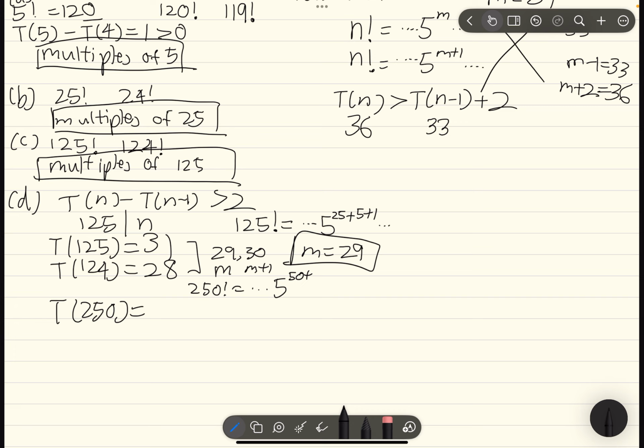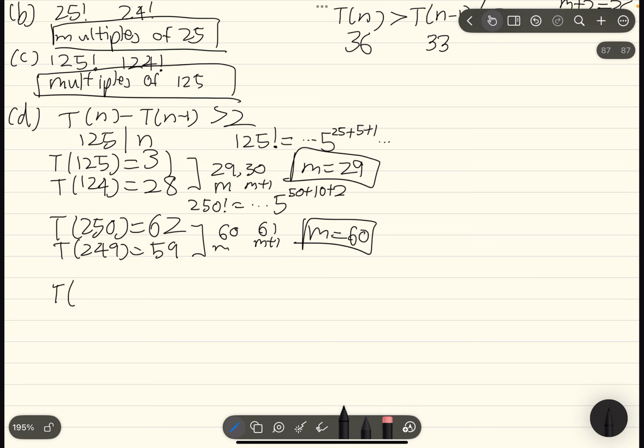So 25 all the way to 250. There are 10 multiples of 25. Lastly, multiples of 125, which have a third factor of 5 here. So that's two numbers, 125 and 250. So that gives us that T250 is 62. And T249, if you calculate in the same way, would be 49 plus 9 plus 1, which is 59. So we missed the numbers 60 and 61, which are m and m plus 1. So m would be 60 also.